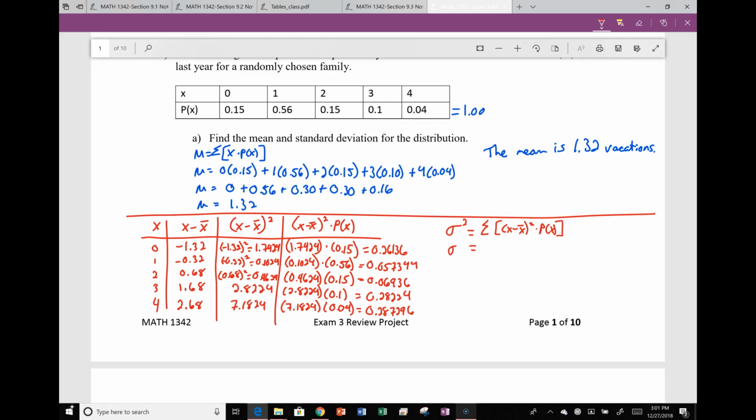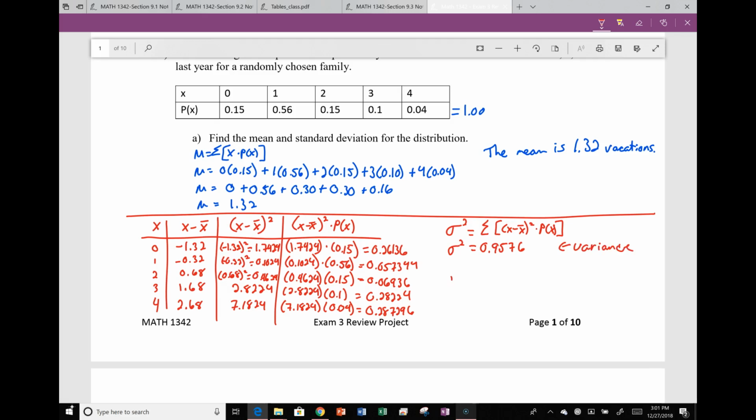So we're literally just going to add up these values right here. We do not do any other division. Okay? So whenever we add up all of these 5 values here, we end up with 0.9576. This is our variance.